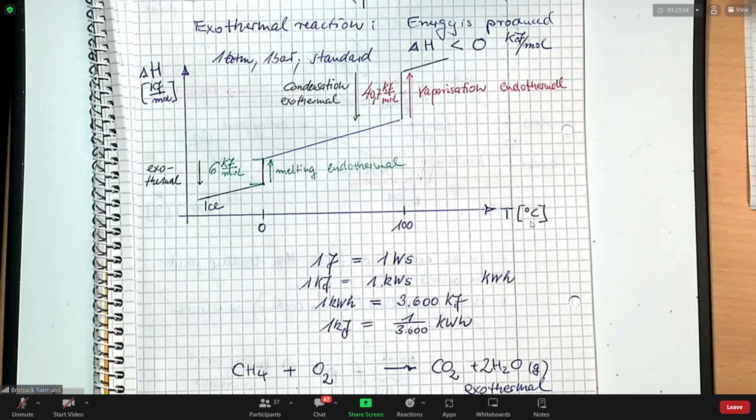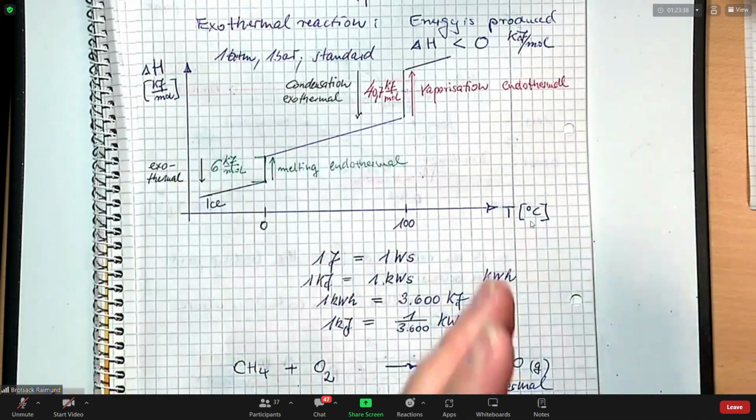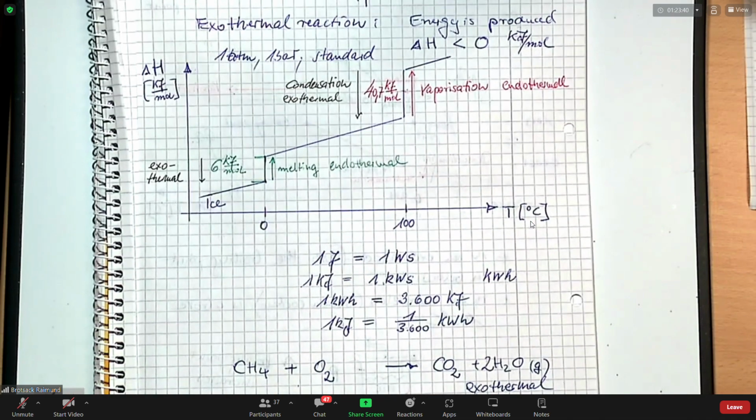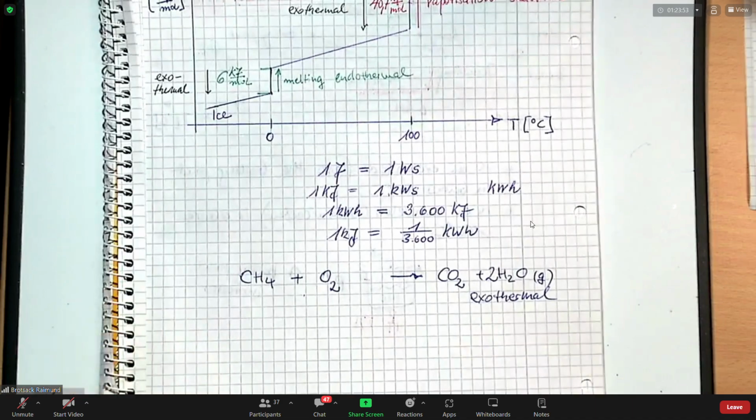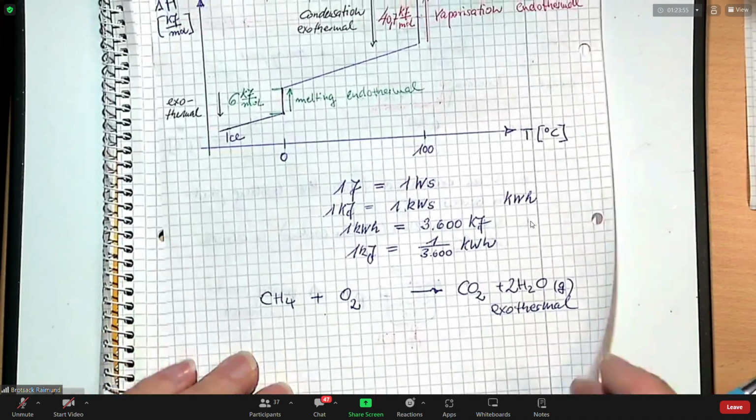So it's relevant to be aware of these topics because then we can optimize our processes and make them more efficient. So, well, when we now think of another example, the photosynthetic reaction.